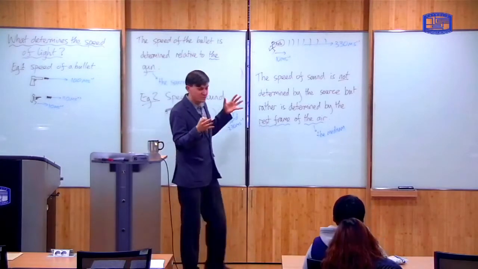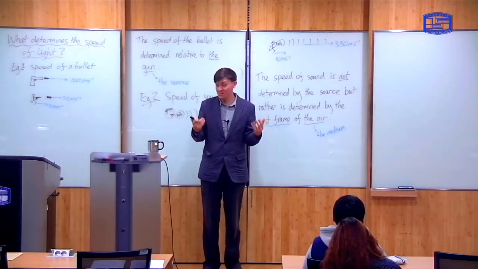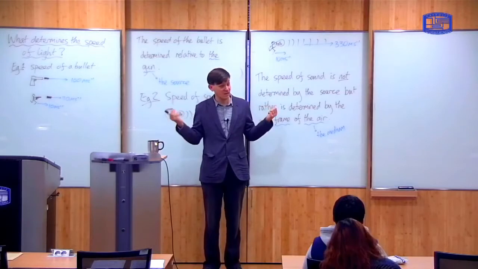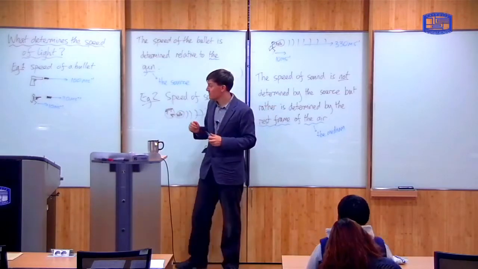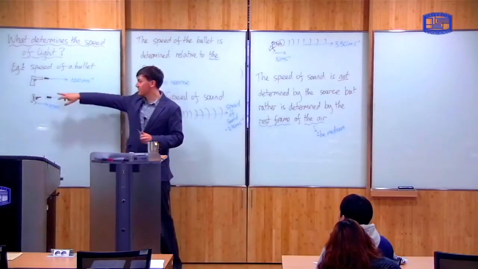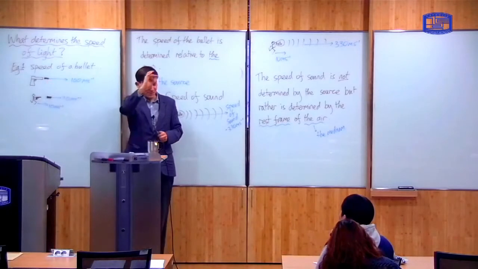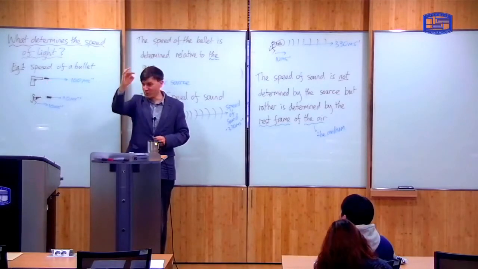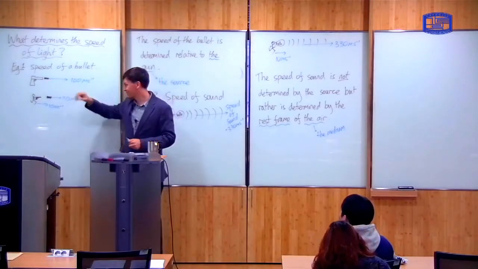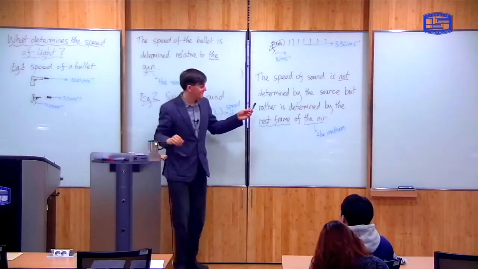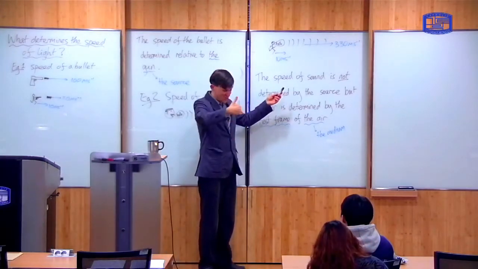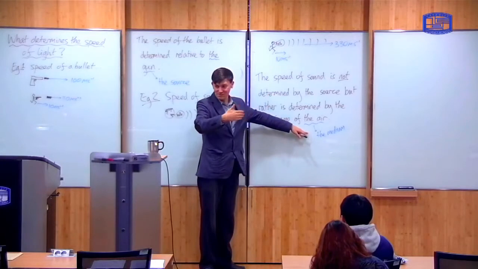What I want to do now is ask the same kind of question about light. How does light behave? If you look at these two examples, the major difference is that the bullet is a particle, a kind of point object, whereas sound is a disturbance in a medium. What is sound?